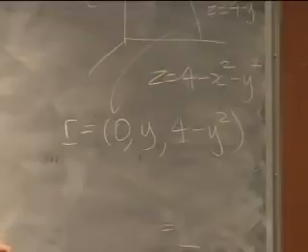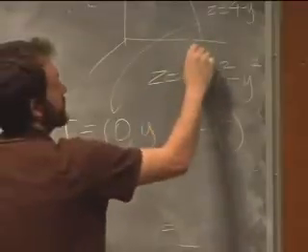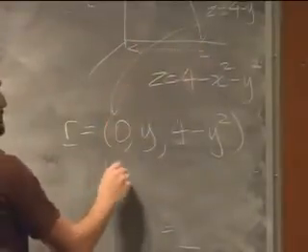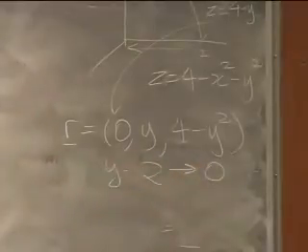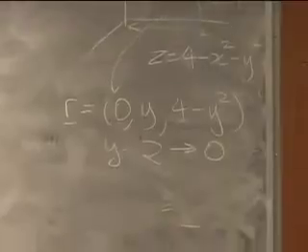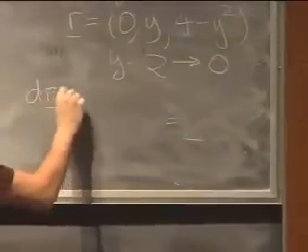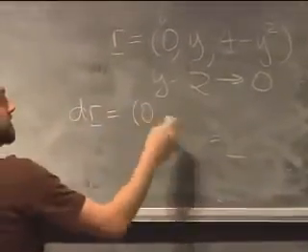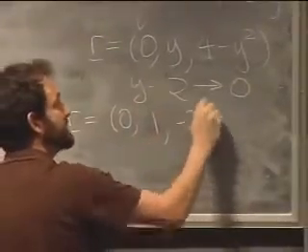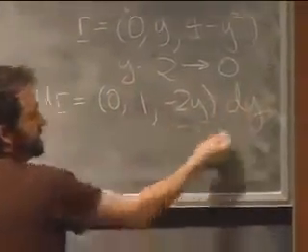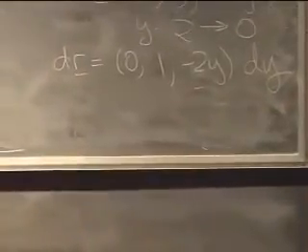But the thing you have to be careful of is that y goes from 2 down to 0. So it's a sort of backwards thing. Anyway, dr is equal to 0, 1, minus 2y dy. So our parameterization is in terms of y.